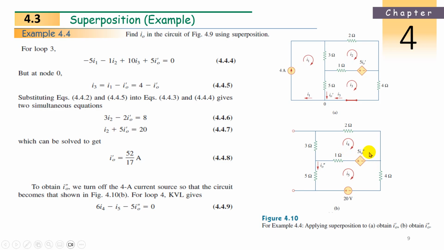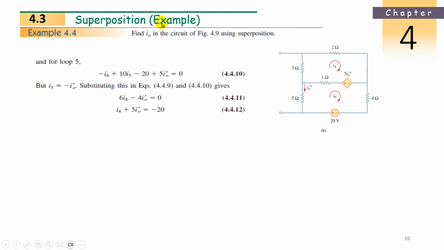Current is entering, so plus 5 I0 double dash. Then current is leaving, so minus 20. So 10 I5 minus I4 plus 5 I0 double dash minus 20 is equal to 0.